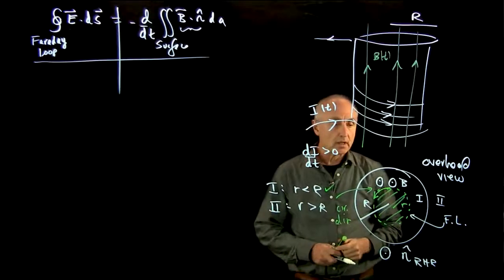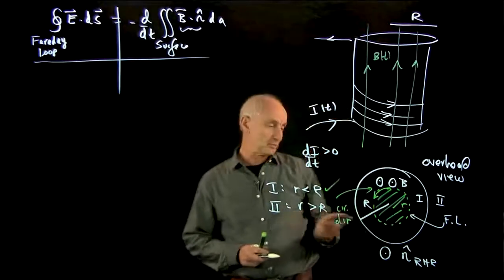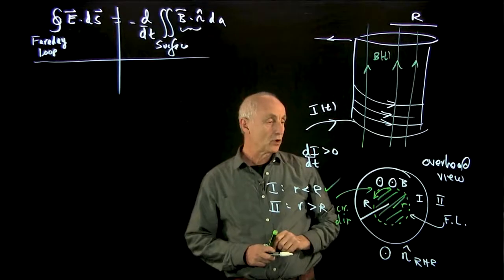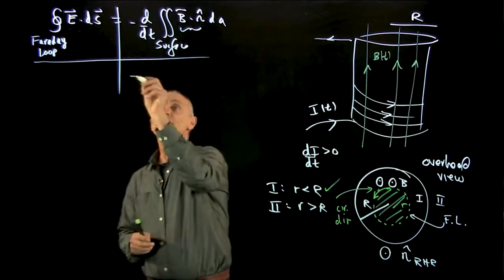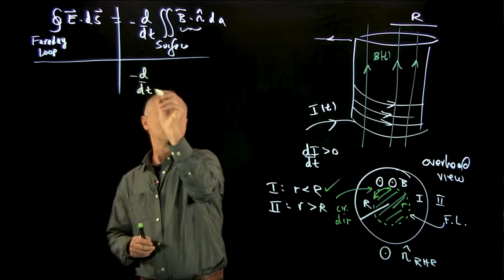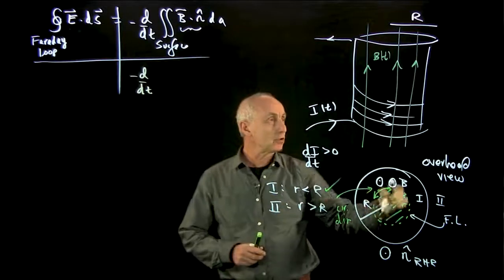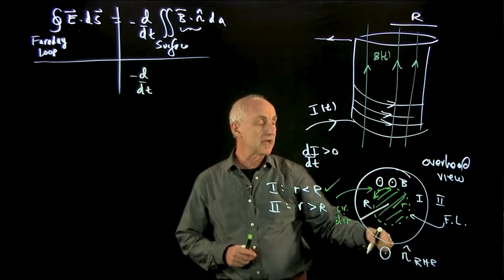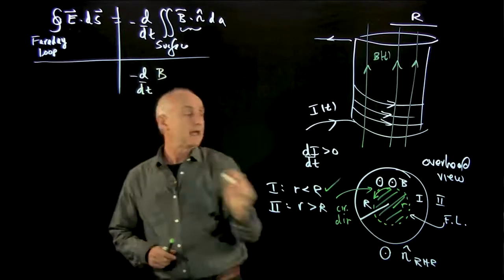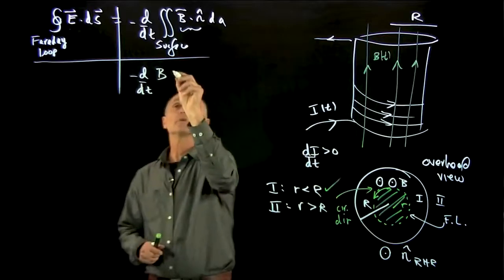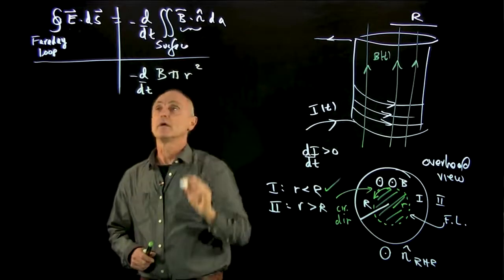Now we want to compute. So the flux is just, this is minus d/dt. The B field in the solenoid is uniform. We've seen that in our Amperian law calculations. So I just get B, and the area is pi r squared.